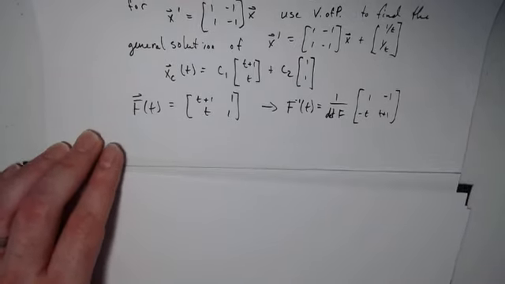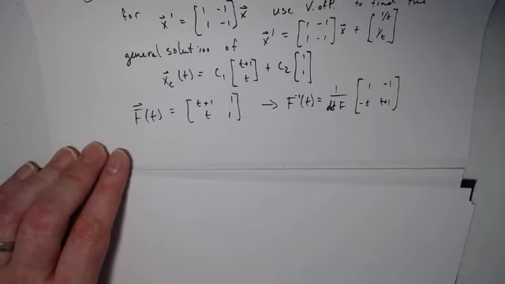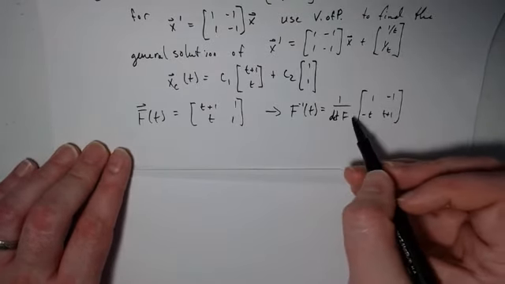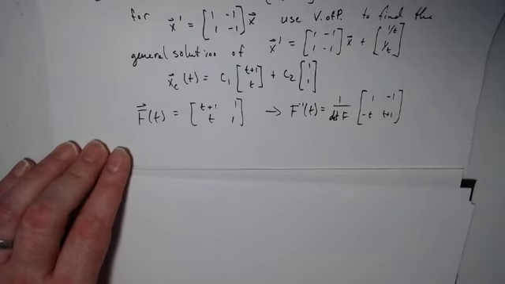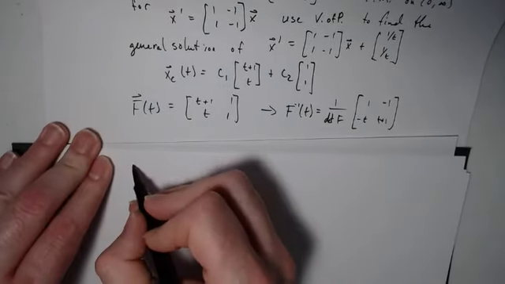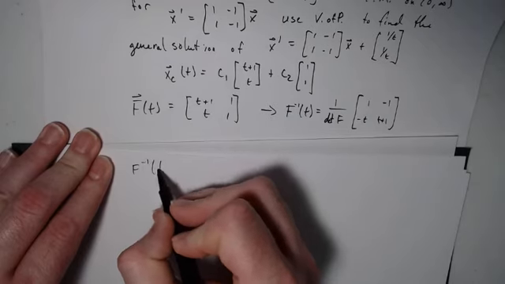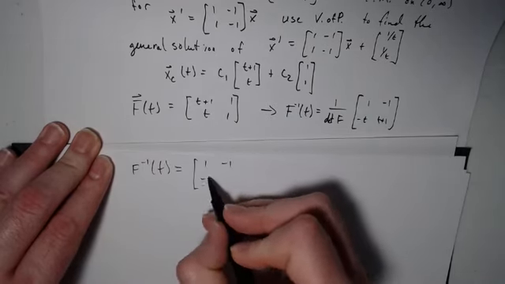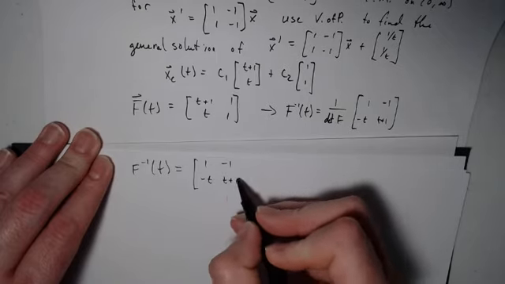And the determinant of f is t plus 1 minus t, so this is just 1. So f inverse of t is just 1, negative t, t plus 1.